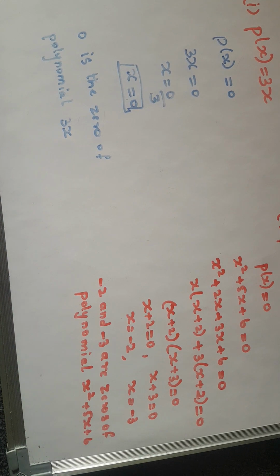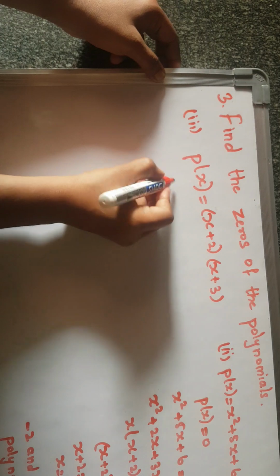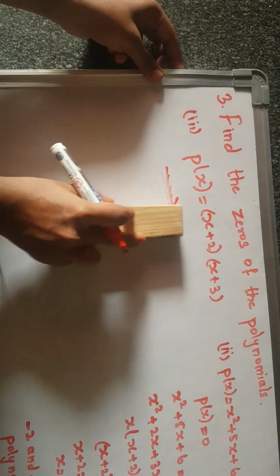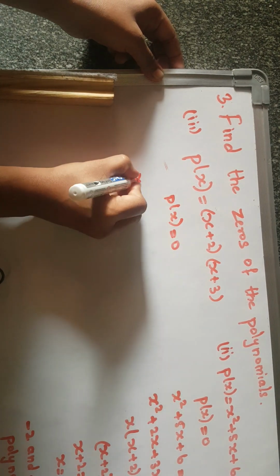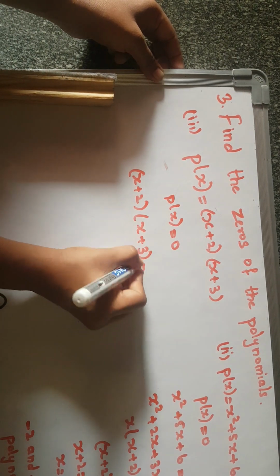Okay, next question. Now p of x equals x plus 2 into x plus 3. Equating p of x to 0 means x plus 2 into x plus 3 equals 0.